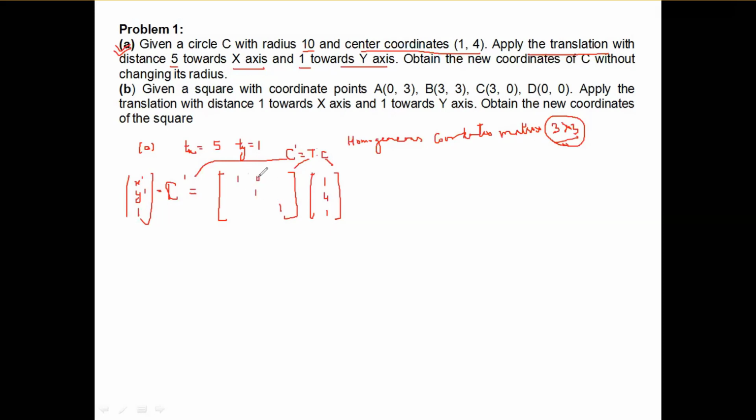Here tx, I am directly writing over here, tx is 5, and ty is 1.